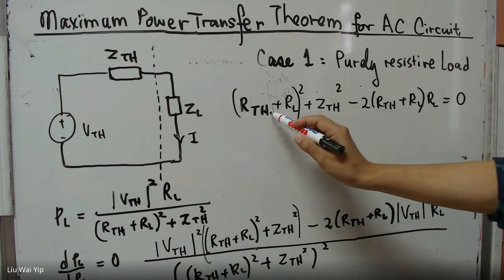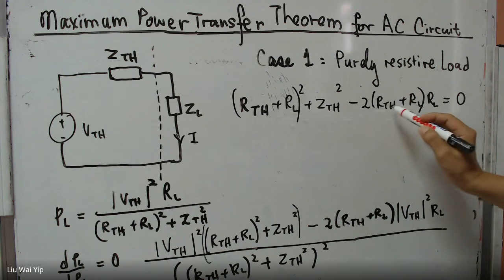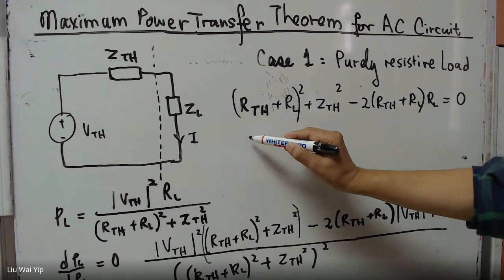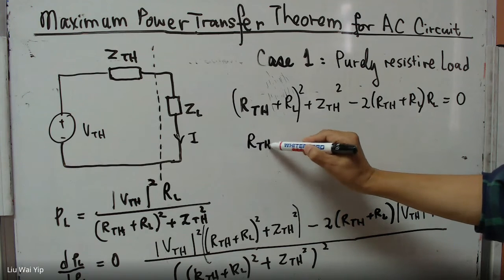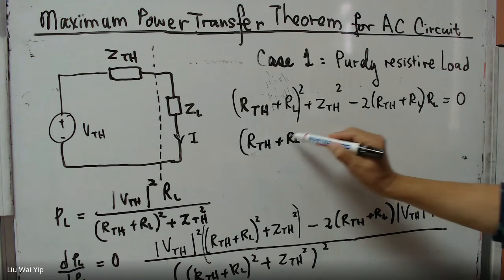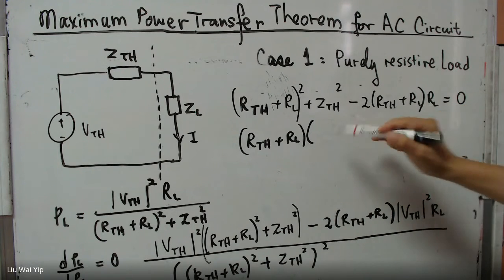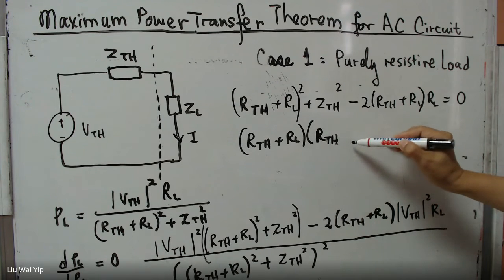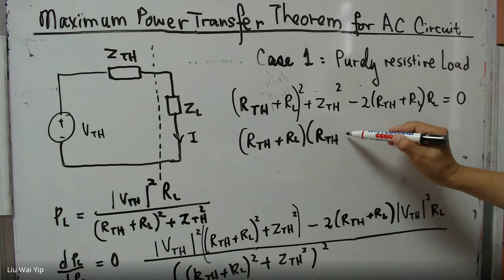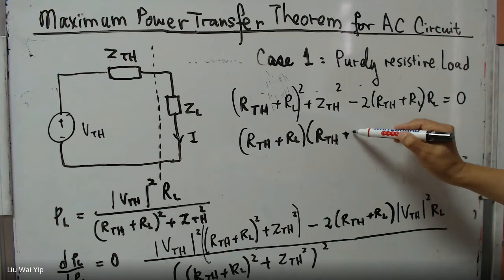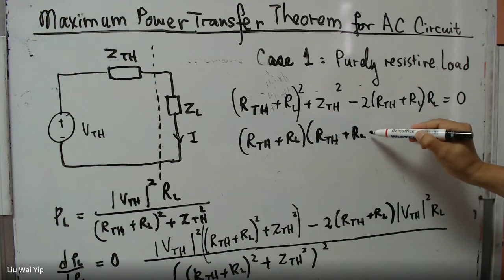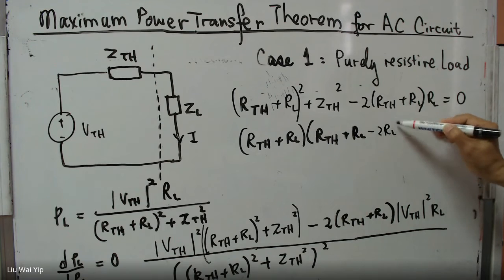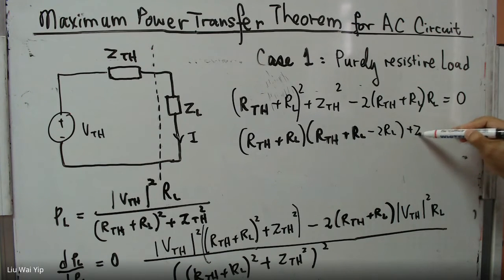If you take this one, factorize these two expressions, you will get RTH plus RL, and then this one RTH plus RL minus 2RL, and then plus XTH.